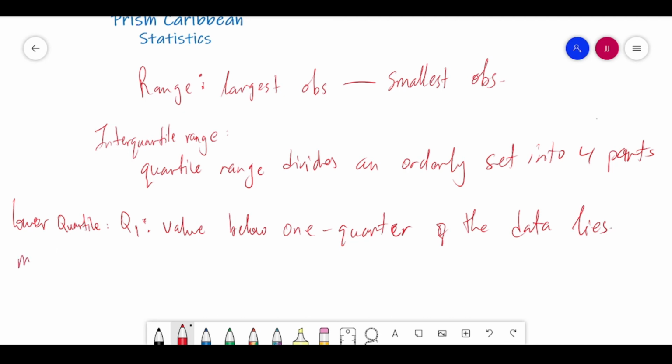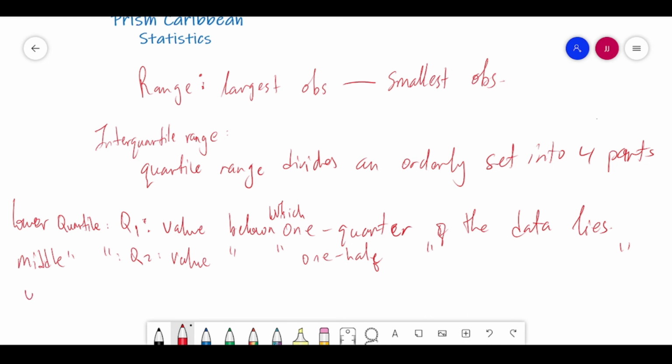The middle quartile, which in this case is Q2, is the value below which 1/2 of the data lies.